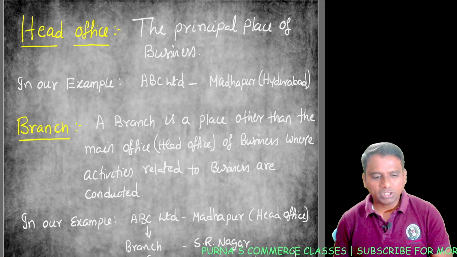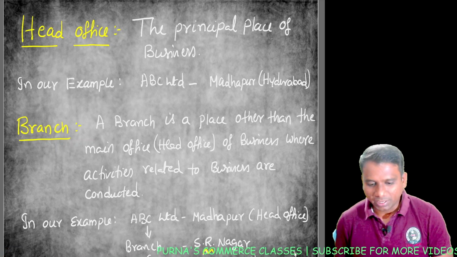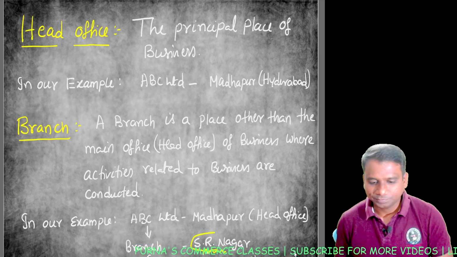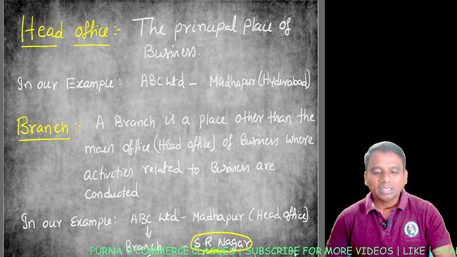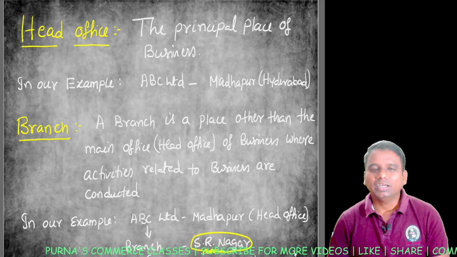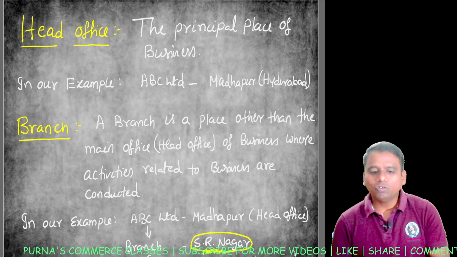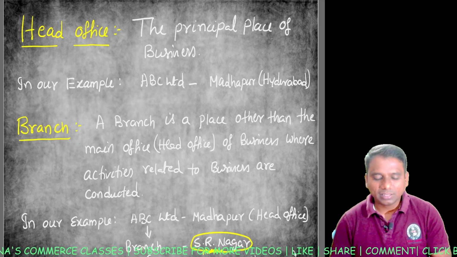Now let us assume we are opening a branch in SR Nagar. Head office is Madhapur, but the branch is SR Nagar. What is the meaning of branch? A branch is a place other than the main office.